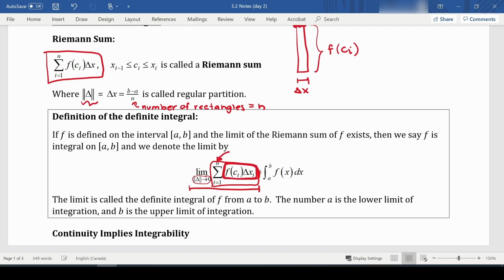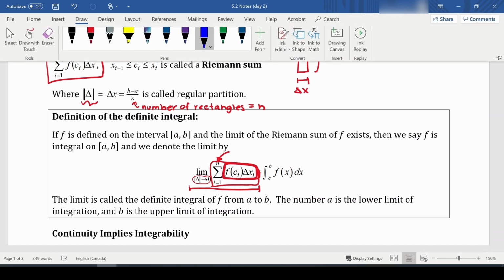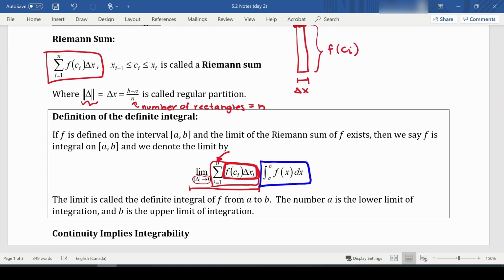The sigma notation here is telling us to take the sum of the areas of each of those rectangles, and we are taking the limit as the width of those rectangles approaches 0. If we can find that limit, then we say f is integrable, and our integral is this portion here, which is the function f with our dx from a to b. This limit is called the definite integral of f from a to b.